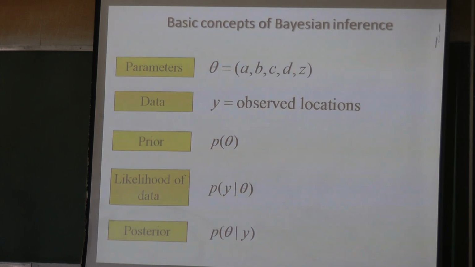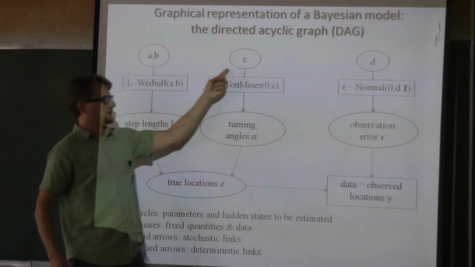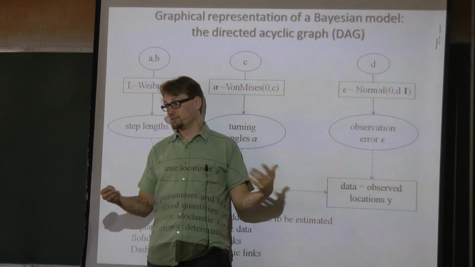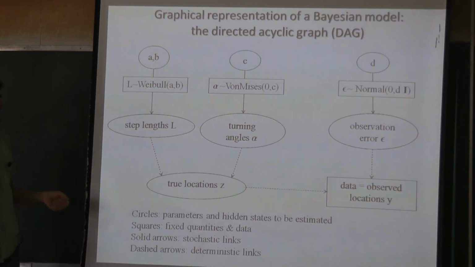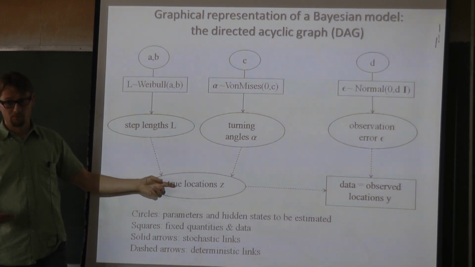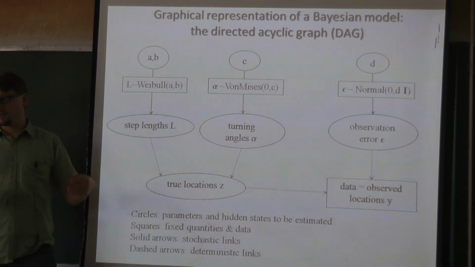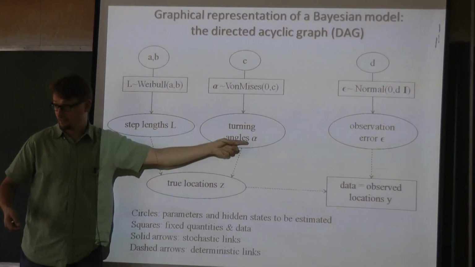For all of these outer parameters here, we just make up a prior in some way. I will talk more about how you make up the prior. But in this case, for these true locations, which are part of my parameter vector, you don't make up the prior because the prior for that is given through these links here.